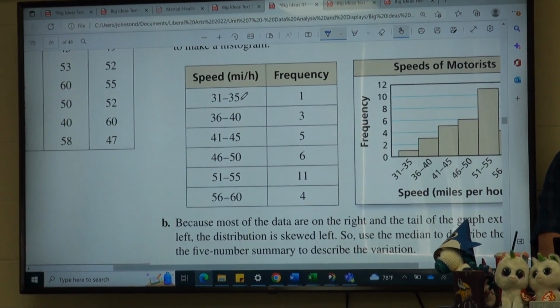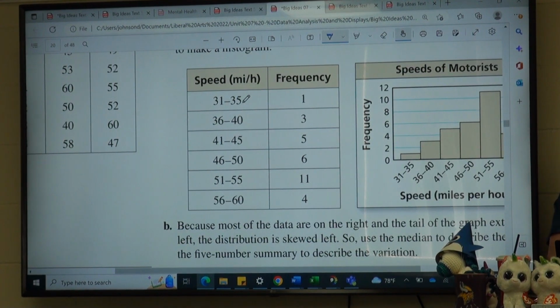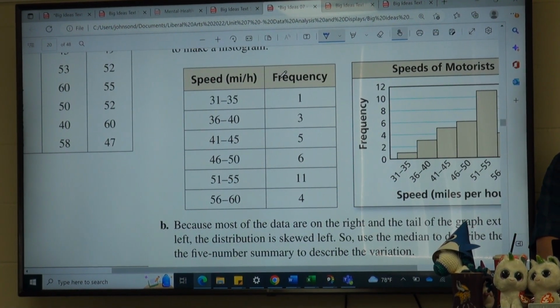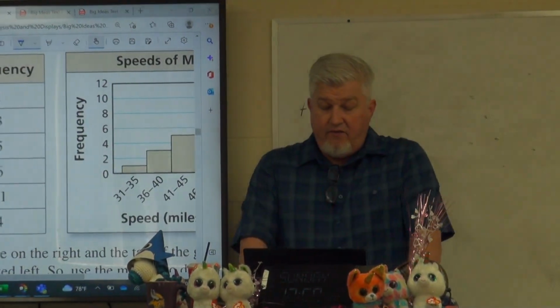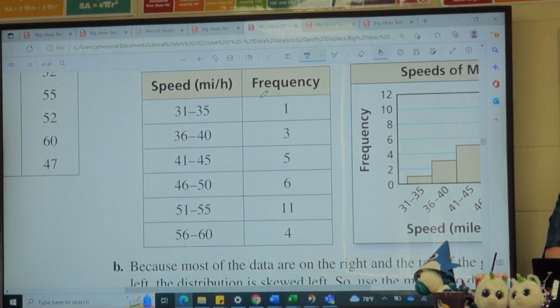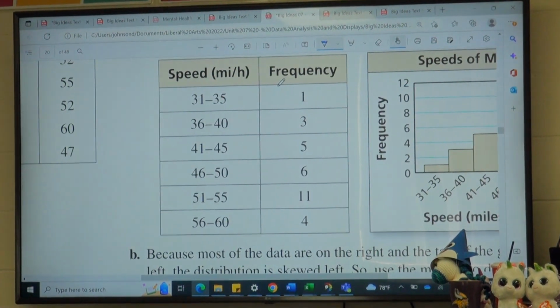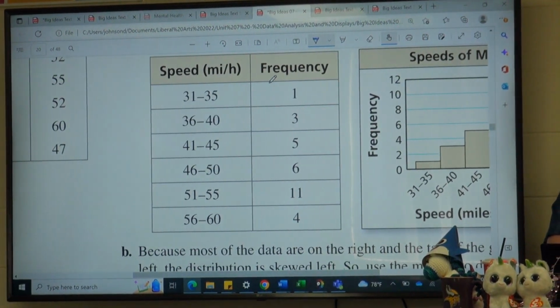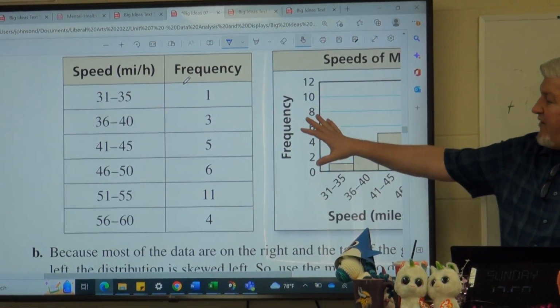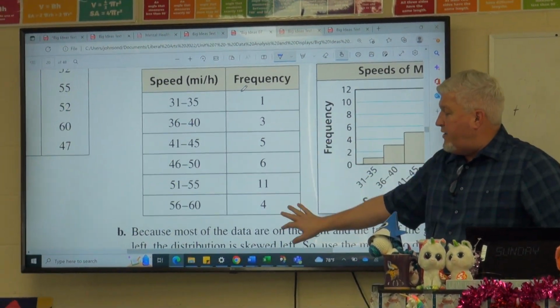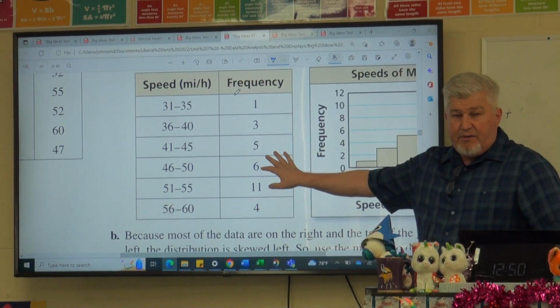So those going 31 to 35 are just one person, one driver, going 31 to 35 miles an hour, probably a grandma. 36 to 40, 41 to 45, 46 to 50, 51 to 55, and 56 to 60. Those are the teenagers. All right, these are the distributions by 5 miles per hour of the people he took going in the speed in this zone.